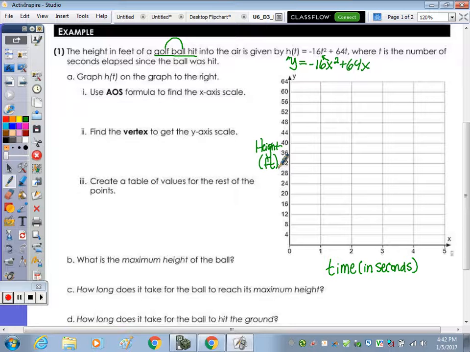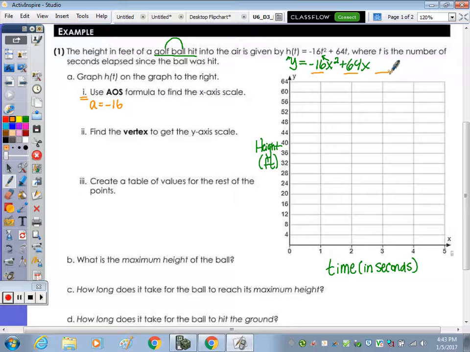Okay, part 1. Use the axis of symmetry formula to find the x-axis scale. Okay, so axis of symmetry is x equals negative b over 2a. So we have an a value of negative 16, as the a goes first: ax squared plus bx plus c.